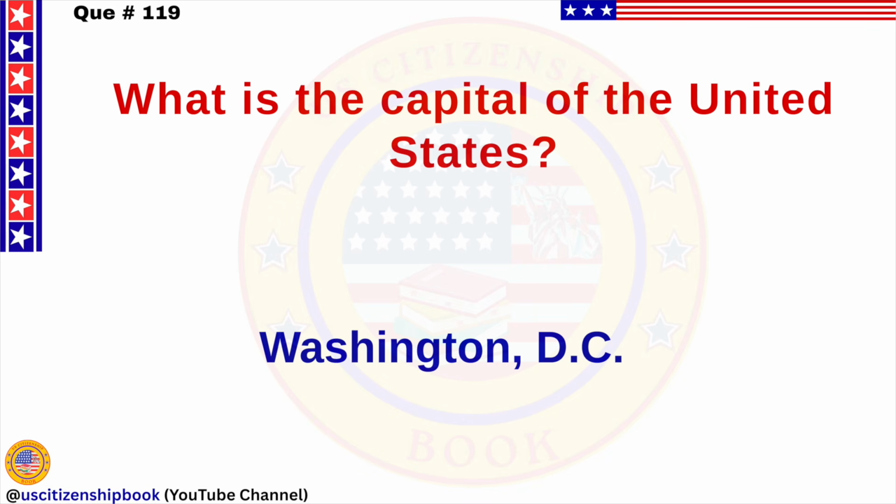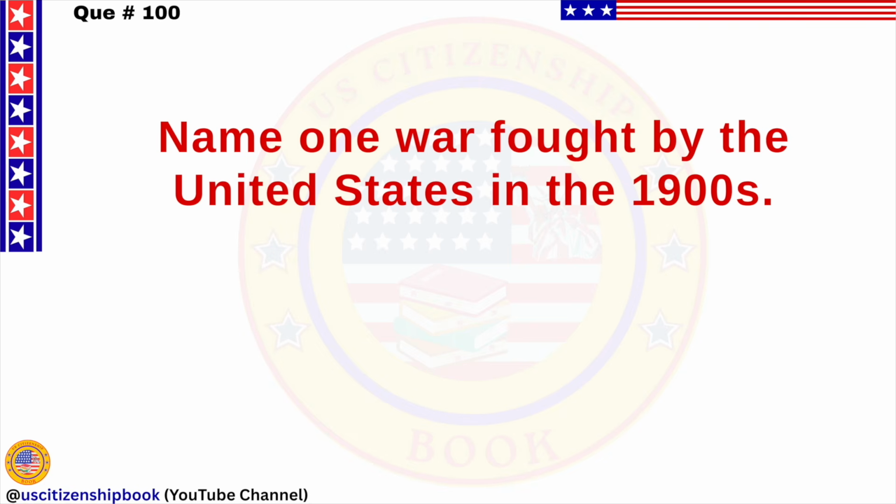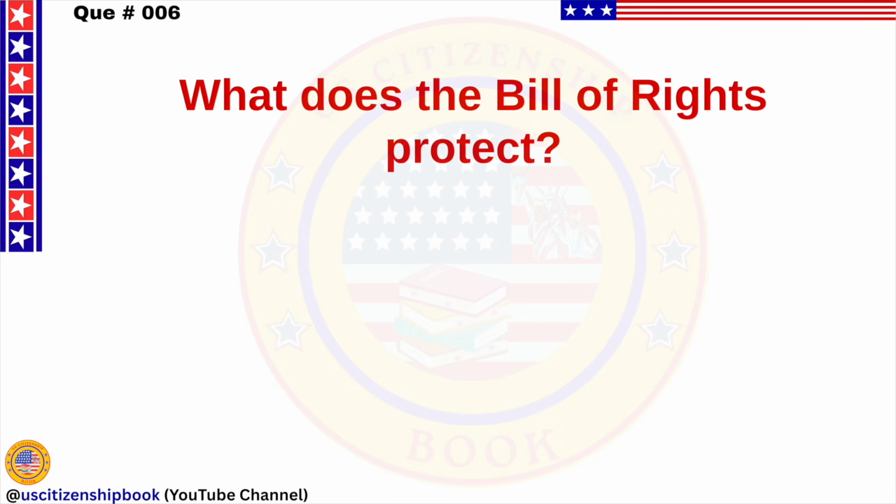Washington, D.C. Name one war fought by the United States in the 1900s. World War I. What does the Bill of Rights protect?